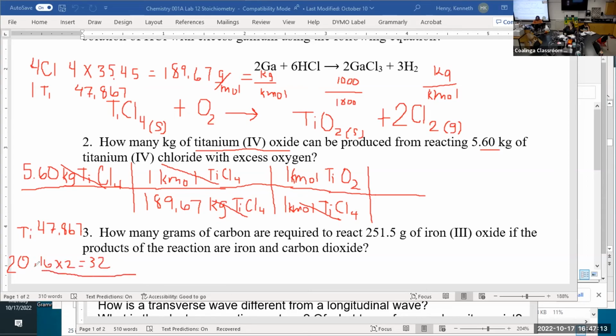All together, 79.867. Yes. And that's kilograms per kilomole.